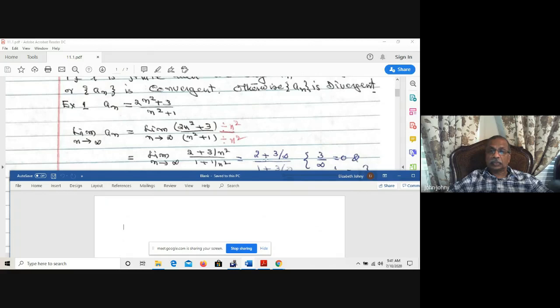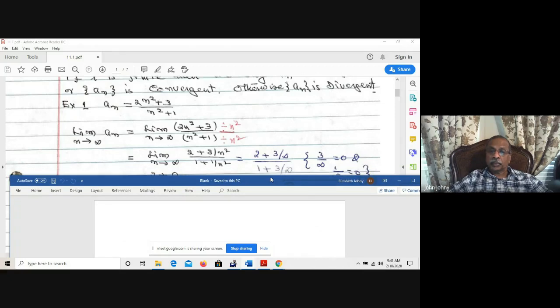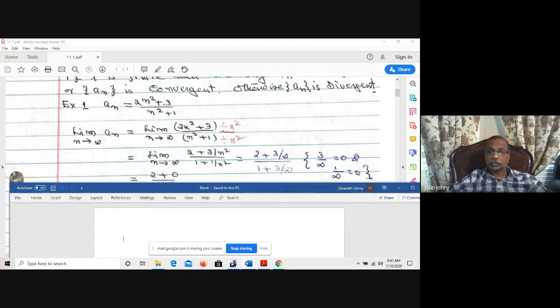That is 2 plus 3 over infinity, because you are replacing n by infinity. Infinity square is infinity. But 3 over infinity is 0, and 1 over infinity also is 0. Sorry, the denominator is 1 plus 1 over infinity square, not 3.